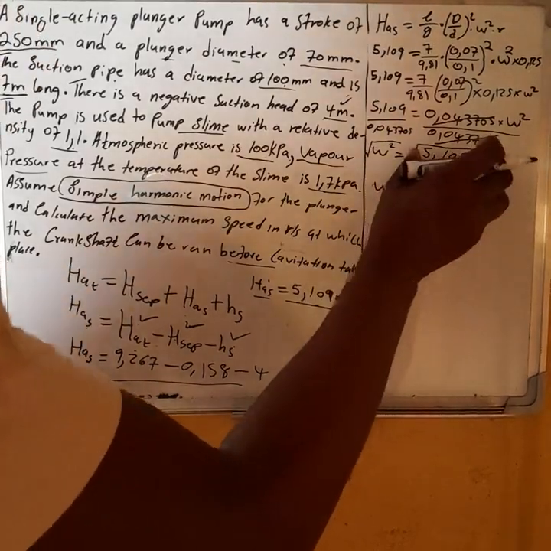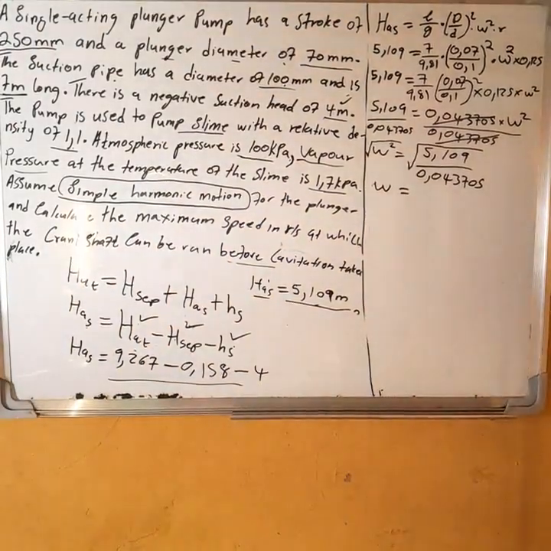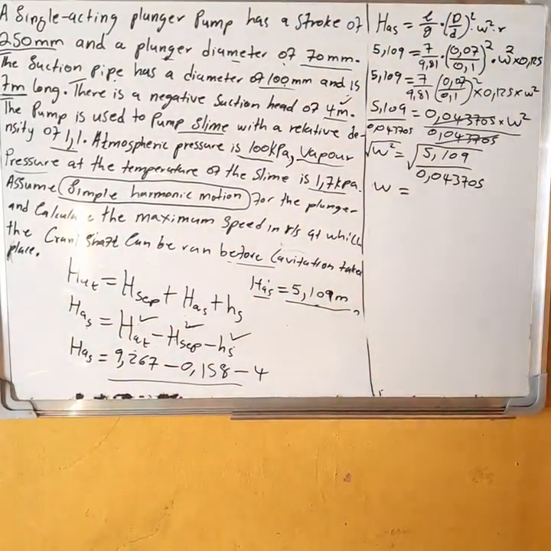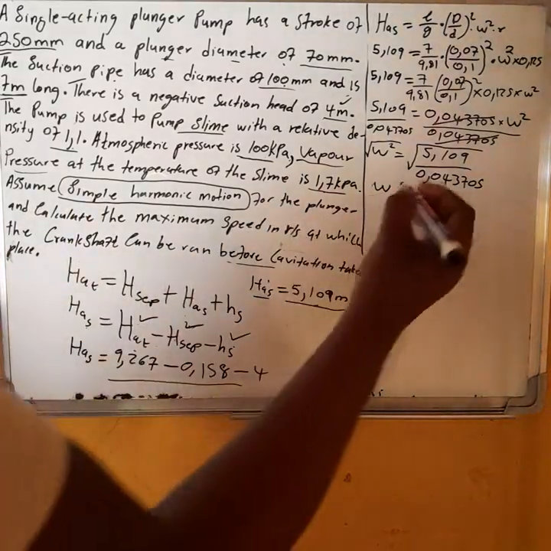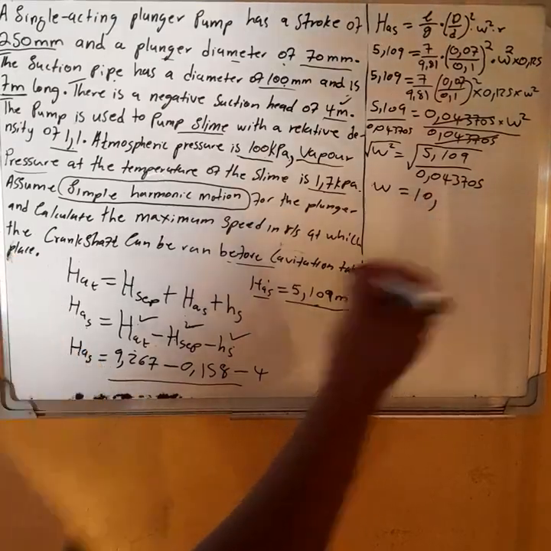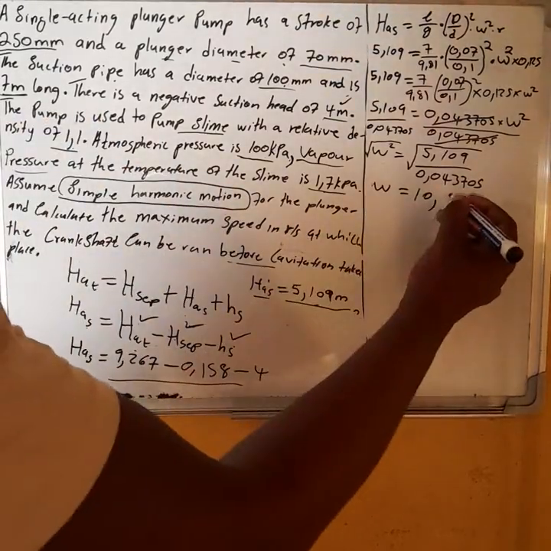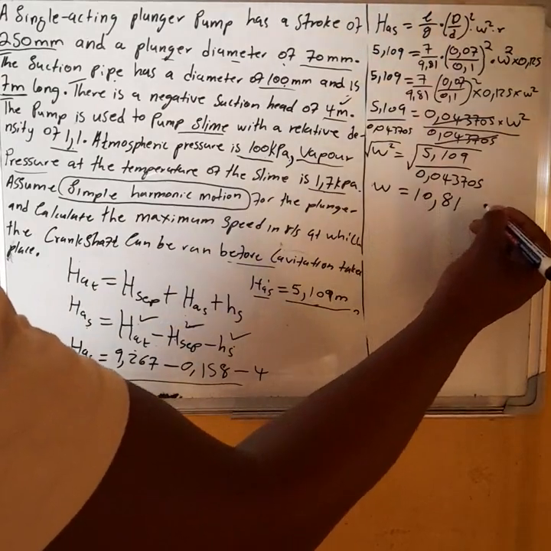Punch this on your calculator: the square root of 5.109 over 0.043705. This is 10.812.